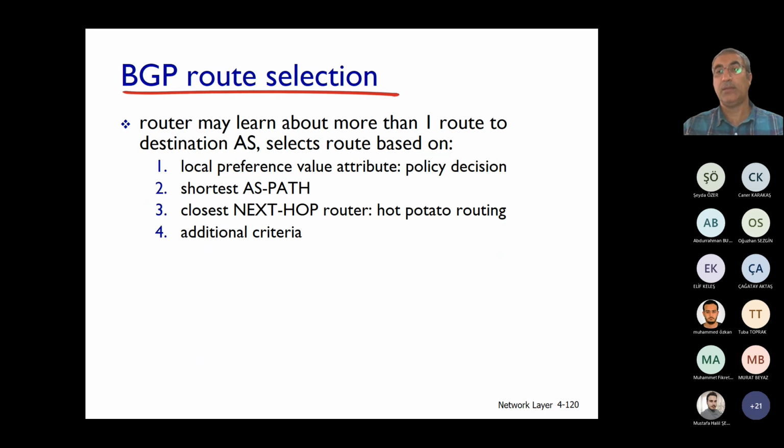So it selects one of these routes based on criteria. First, the local preference value attribute, which is based on a policy decision. Then the shortest AS path. Then the closest next hop router using hot potato routing. And then you can add some additional criteria.